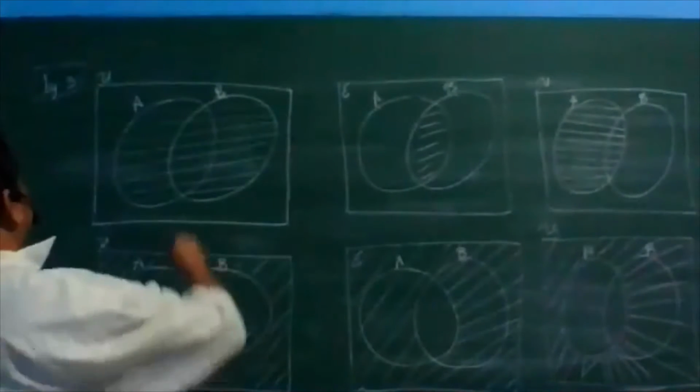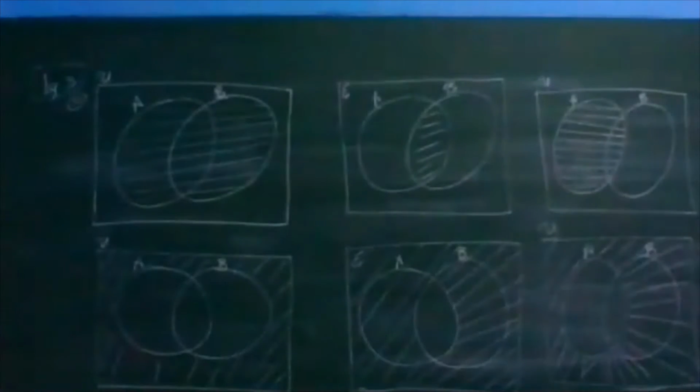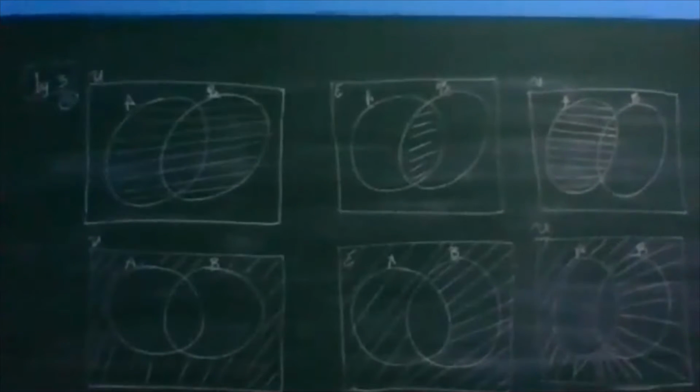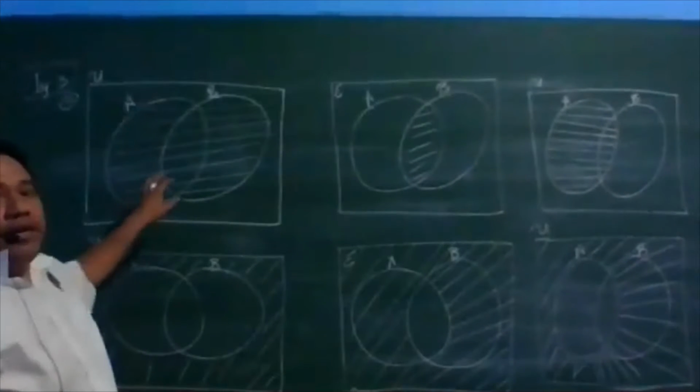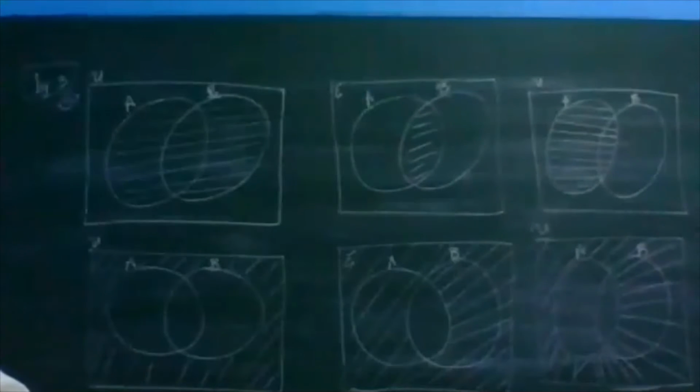The first one, A. Note, it has shaded everything inside of the circle A, as well as everything inside of circle B. So what name can we give to this section that is shaded?